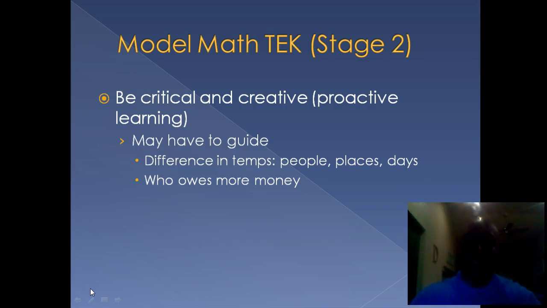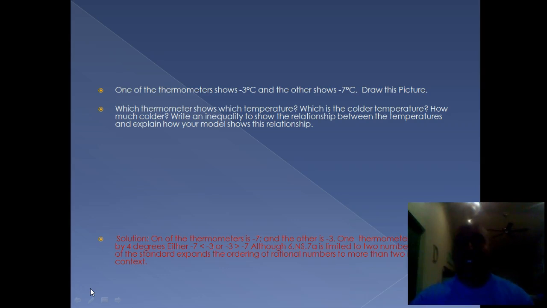And I put a little evidence right there because I'm going to kind of flip back and forth between this slide and the next slide. But just to kind of give you a hint right here, the difference in temperatures, people, places, days, and who owes more money. I know I owe a lot of people money, so my interest just got piqued right there. Well, let's go to the next slide.